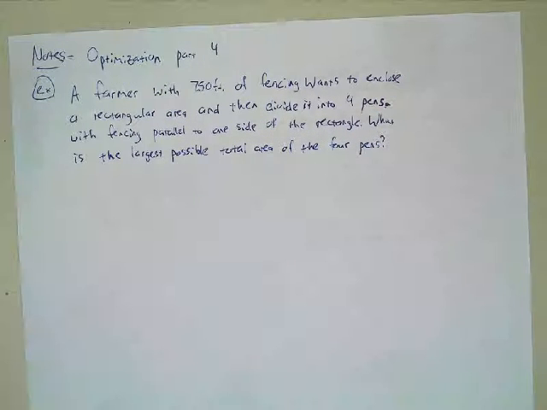Alright, let's do it. So we first really should maybe draw a picture here, because it might not be exactly clear what I mean by parallel to one side of the rectangle.